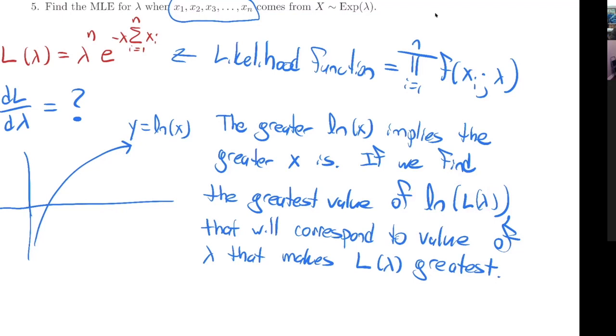If some value of lambda makes this bigger, it's also going to make the natural log of that bigger. So the value of lambda that makes L biggest is the same value that makes the natural log of L biggest. That's the main point here.